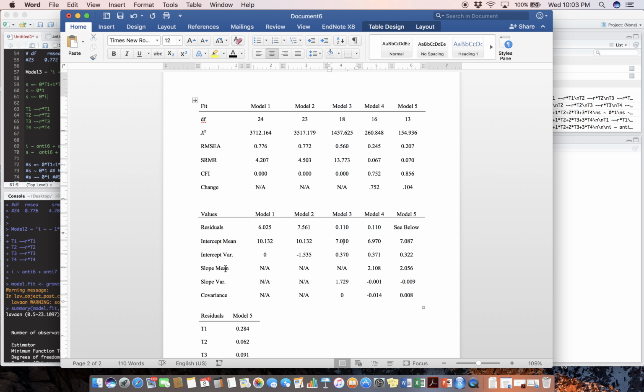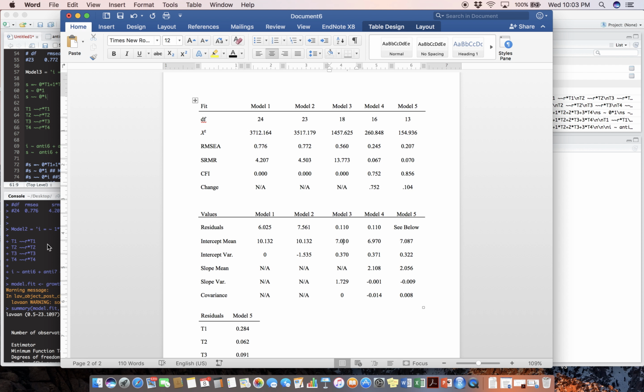And we still don't have a slope mean because we haven't included a slope, but we've included slope variance, that random slope variance. Great. And our residuals went down because now we're accounting for the removal of our constraints, because we're allowing our intercept to vary and we're allowing our slope to vary.